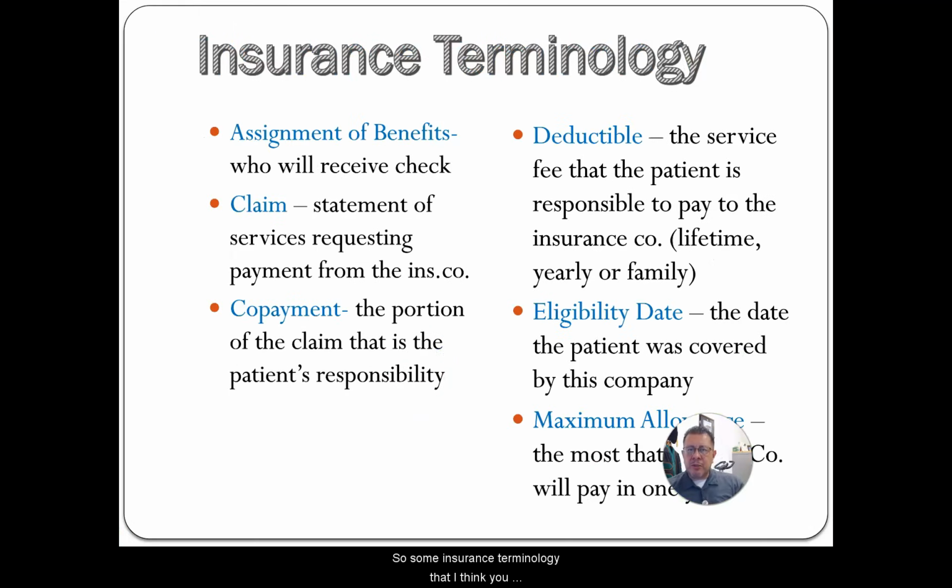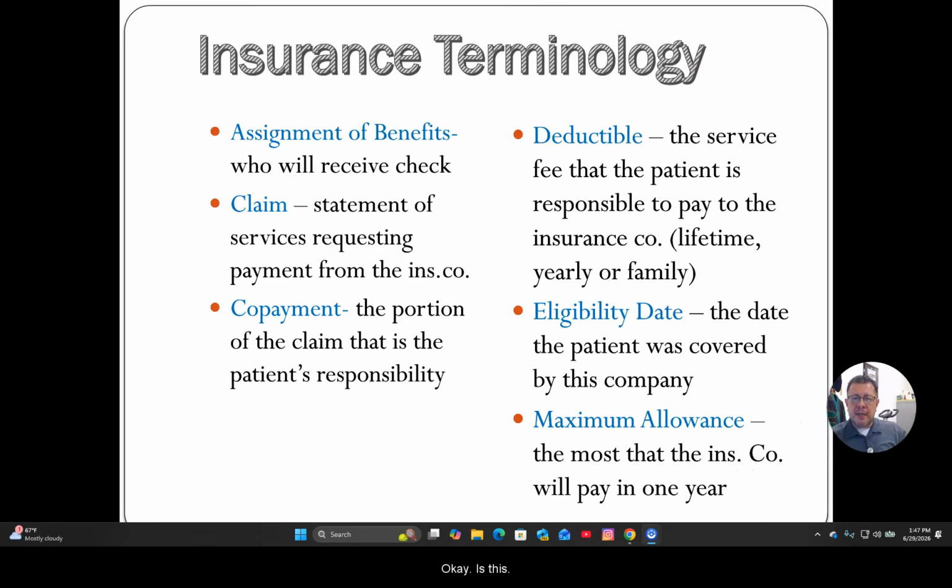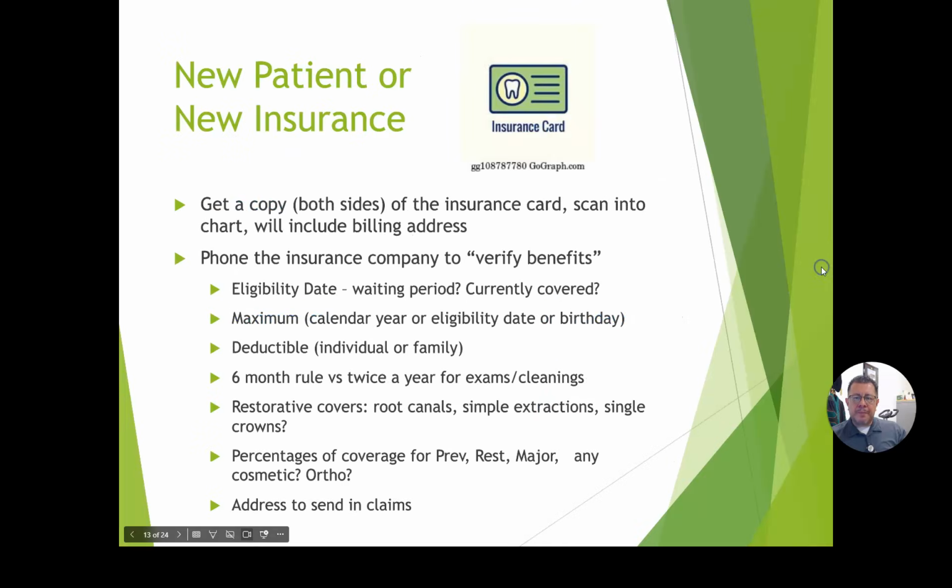So some insurance terminology that I think you need to really make sure that you understand, okay, is this. I won't go into each one, but you can take a screenshot, take a picture of this. These are things that you do need to know. Now, let's say I have a patient, and they bring me their card, but I know them, they're my cousin or something.